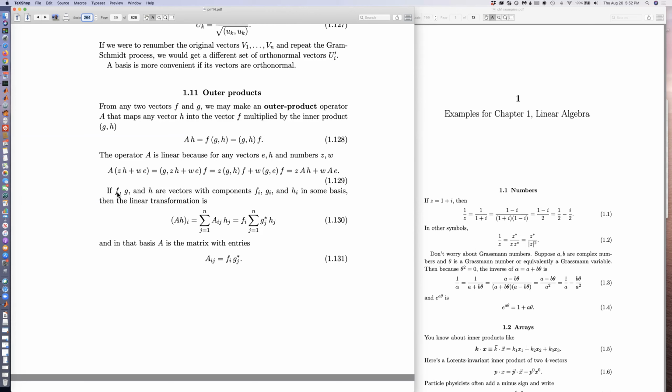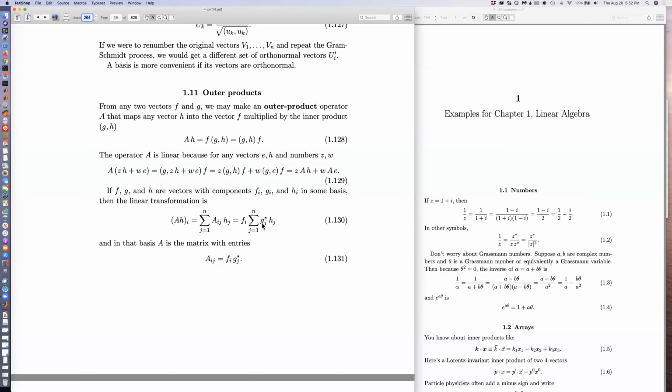We have, let us say, f, g, and h are vectors with these components in some basis. Then the linear transformation A on h is A_ij h_j, and just translating this down here into component form, it's f_i, and then the inner product of g with h, which is g_j star times h_j.